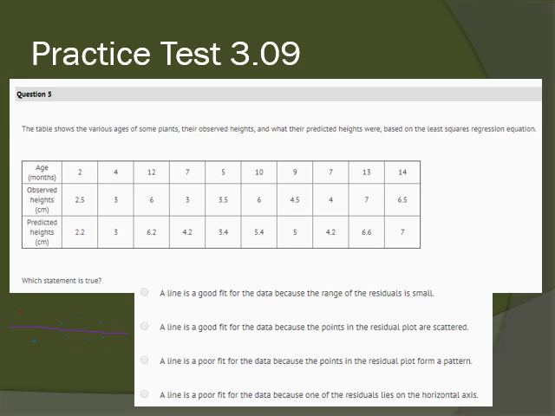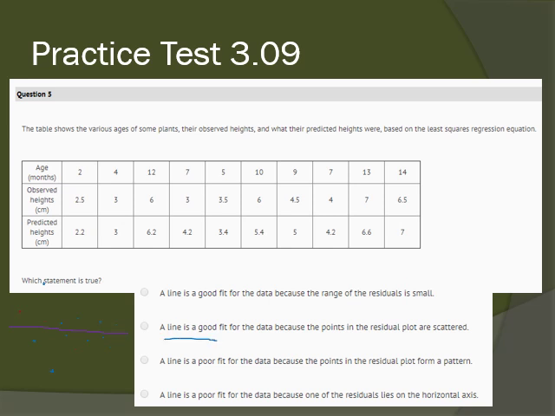So, a line is a good fit for the data because the range of the residuals is small. Doesn't necessarily mean the range is going to be small. You could really have a big range. That doesn't make it a bad line. It makes it less correlated data, but there still is a line that fits every set of data the best. It's just not a well-correlated data set.